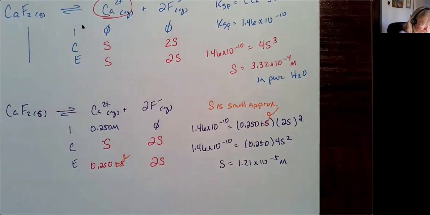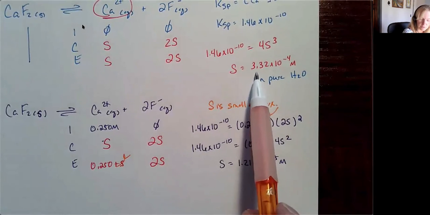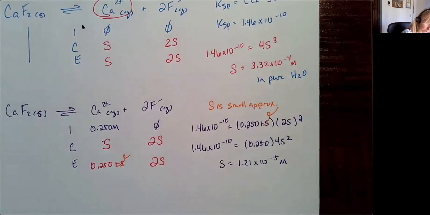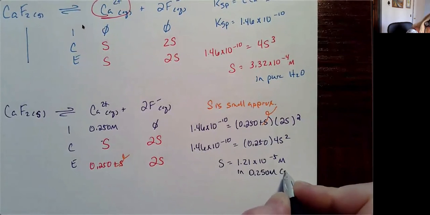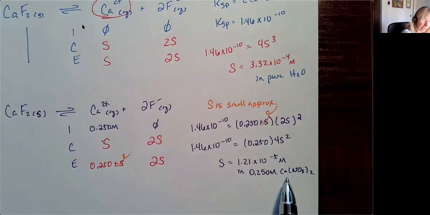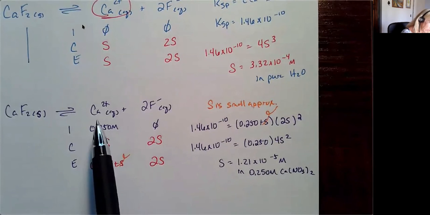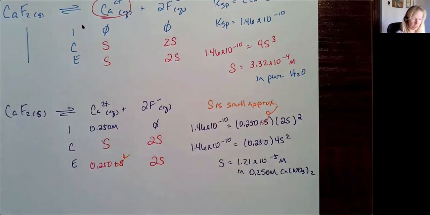Now when I calculate my molar solubility, what you see here is that it has reduced, it's gone down. So in pure water, this would be my molar solubility. This is my molar solubility in 0.250 molar calcium nitrate, because the calcium ions in that solution are effectively shifting the equilibrium back to the undissociated ionic compound.